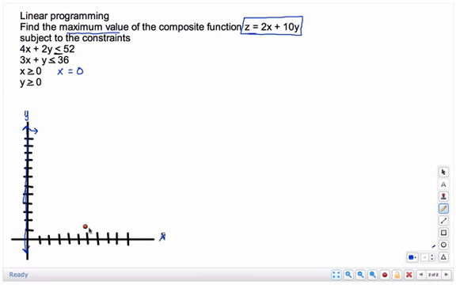Now let's graph y equals 0. These are all the values where y is 0, so x can be anything, and that is actually along your x-axis.